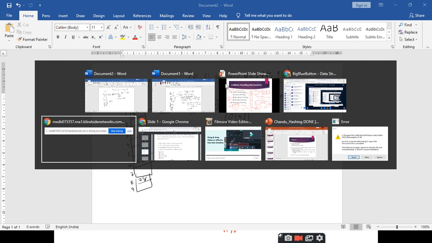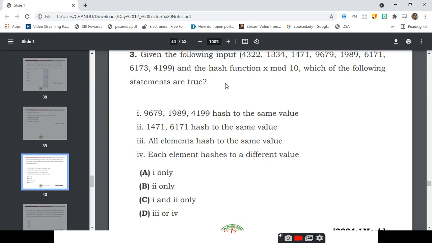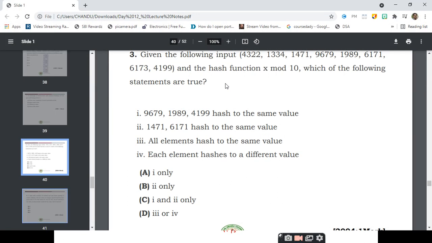Okay, so let us discuss very few simple questions that were previously asked in the GATE examinations, right? So let us look at this. Are you able to see the screen, right? Yes, sir. Oh, I'm unable to write here. So given the following input 4322 1334.